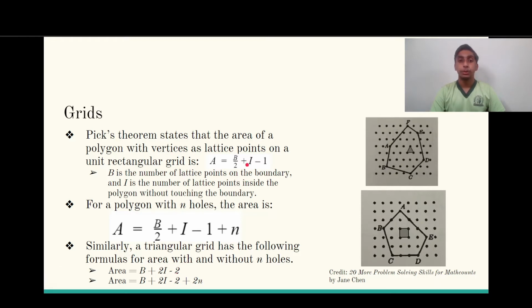Similar formula, just a little different, but b and I are still the same thing. And the area with holes is going to be b plus 2I minus 2 plus 2n. And remember, the holes are just going to be unit triangles that are inside the polygon. Those are the 4 formulas you need to know. Make sure to recognize what type of grid it is so you can use the proper formula, and make sure to identify any holes. But in reality, these formulas are just simple plugging.